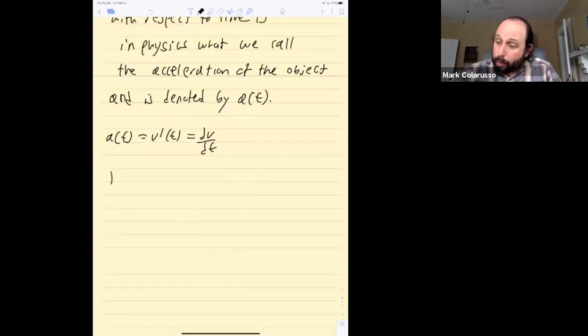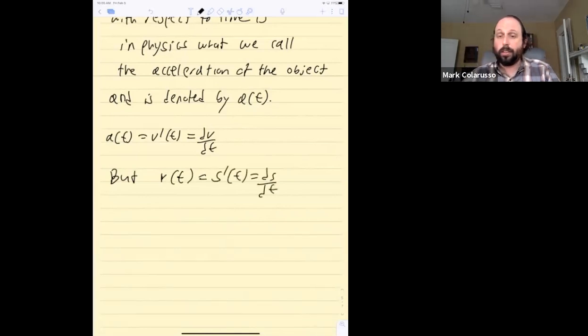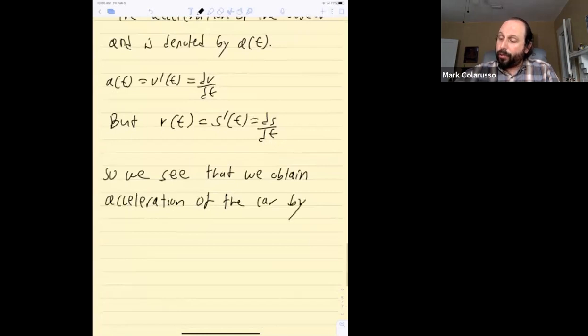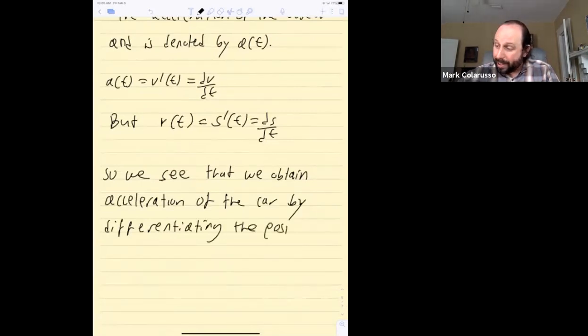But v of t was the derivative of position, right? So we see, because we're seeing it right now, that we obtain the acceleration of the car by differentiating the position function twice.